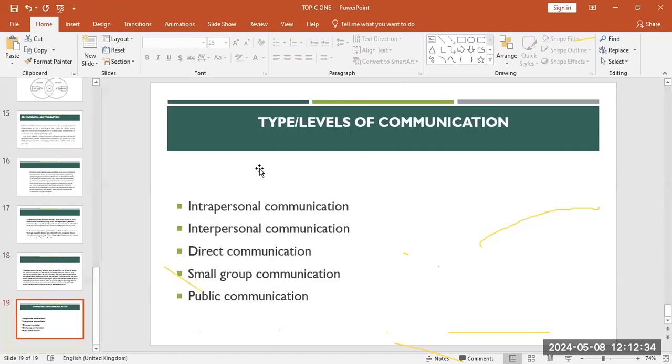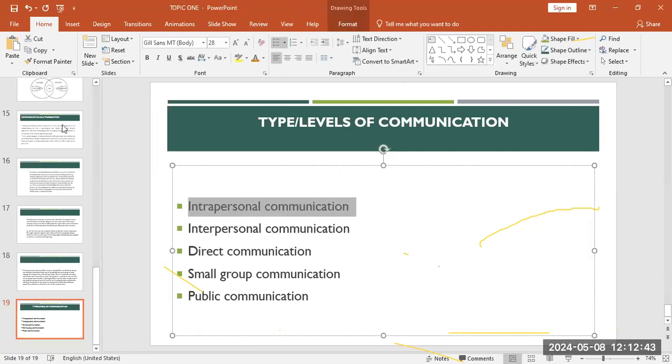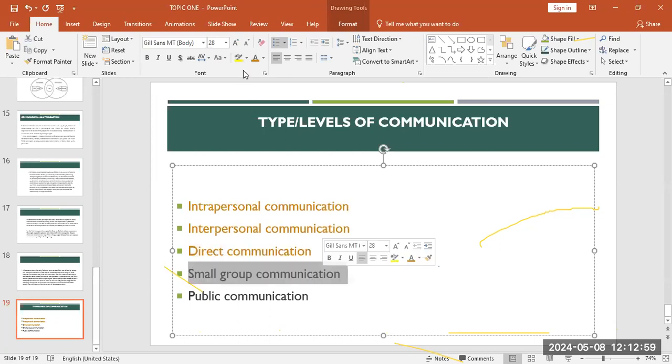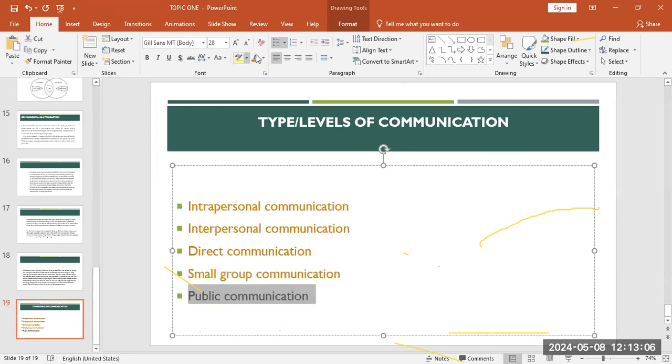So then we have various types or levels of communication. This is the last thing I'm looking at today. We have levels of communication. Remember, we have looked at roles that we play in communication.